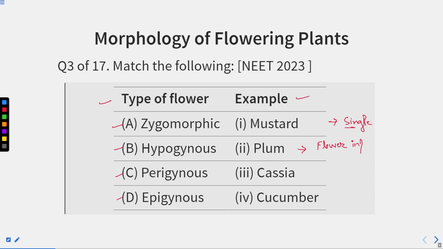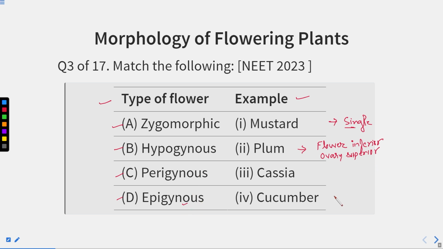The flower is inferior, but the ovary is superior. Okay, ovary is superior means all the floral parts such as sepals, petals and stamens, they arise from below the ovary.